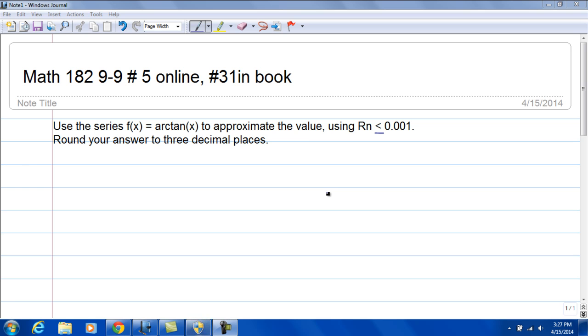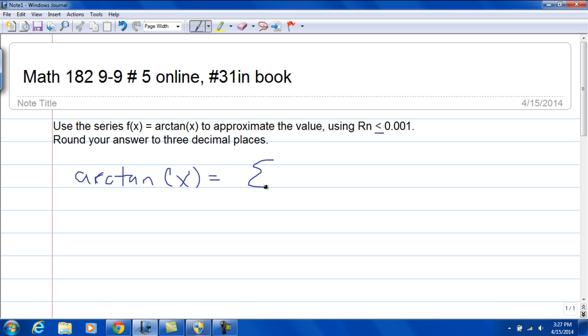Okay, so arctan, first of all, can be represented as f of x, the sum as n goes from 0 to infinity of -1 to the n, that's going to give us an alternating series, times x to the 2n plus 1 over 2n plus 1.